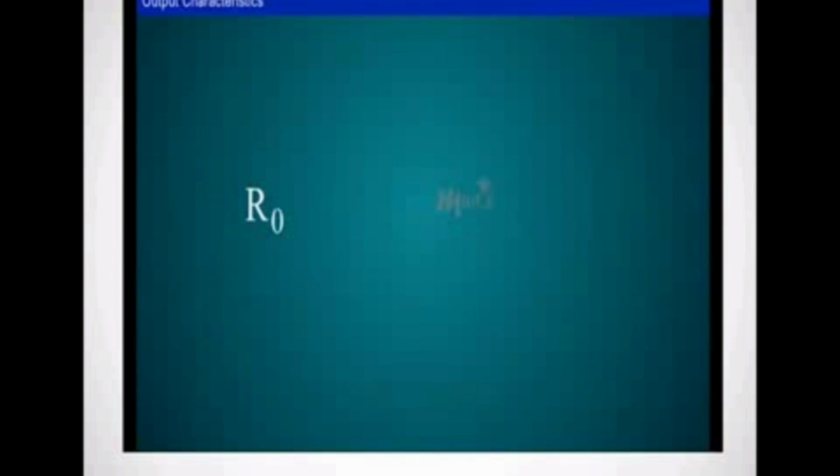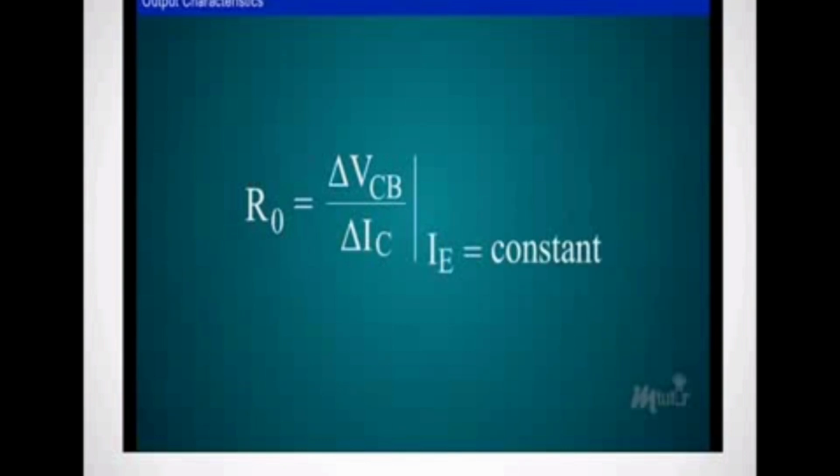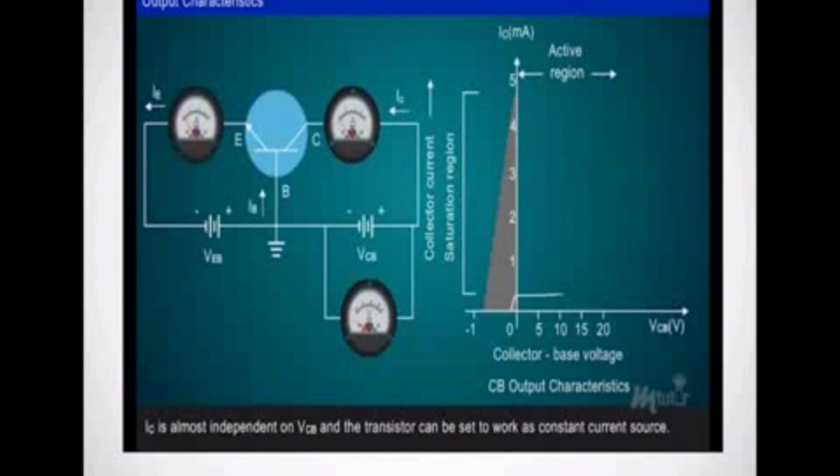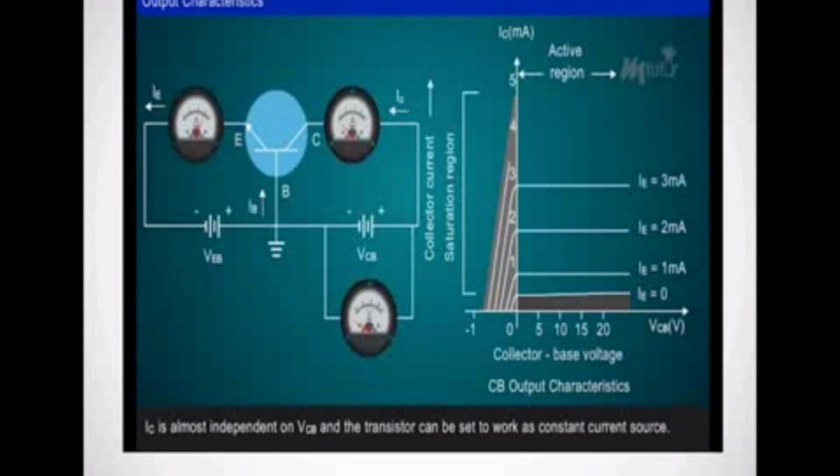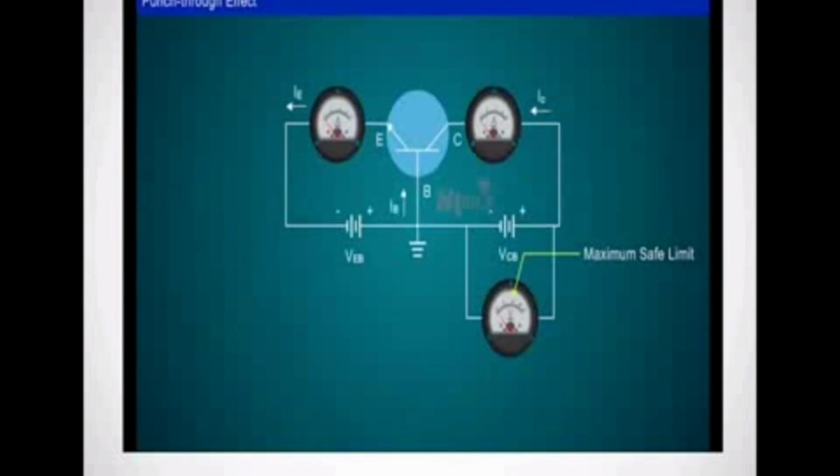So output resistance R0 is equal to the change in voltage across collector base divided by the change in collector current, at constant emitter current. IC is almost independent of VCB, that is, the collector current is independent of the collector base voltage.